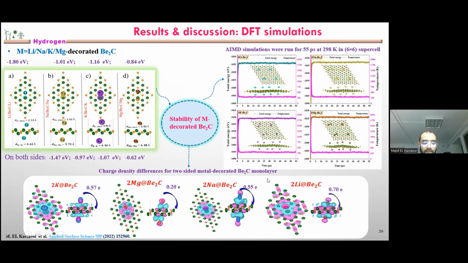This means that the metal atoms become cationic after absorption, which is beneficial for hydrogen storage.